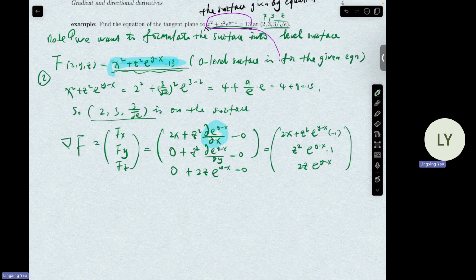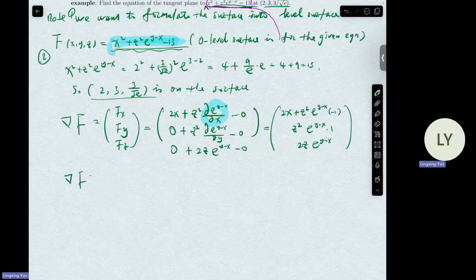Okay, so now we have to compute the gradient of capital F at the point 2, 3 over square root e, which is 2 times 2 plus z squared, which is 3 over root e squared, times e to the power 3 minus 2 and times -1.